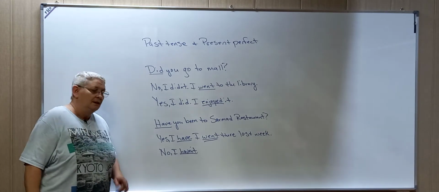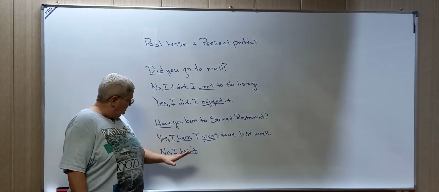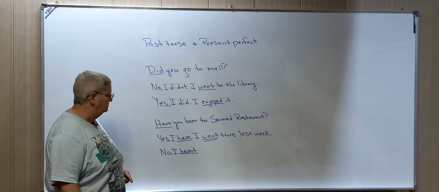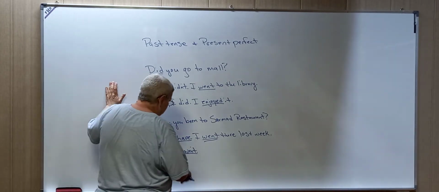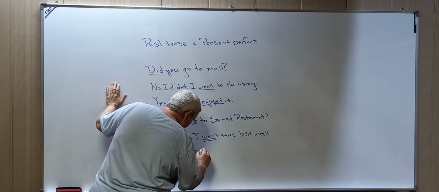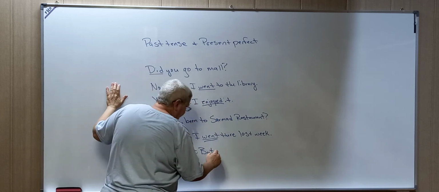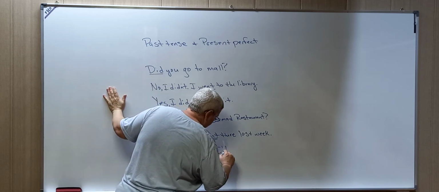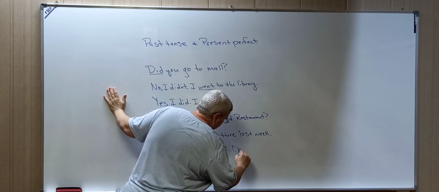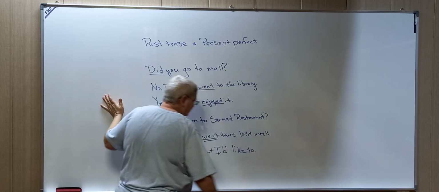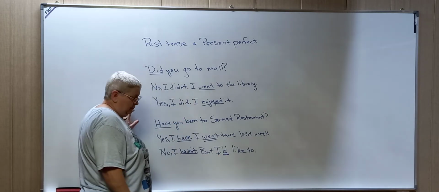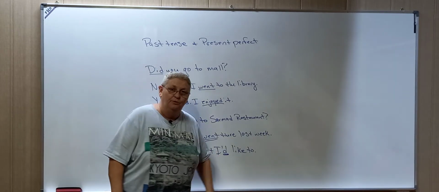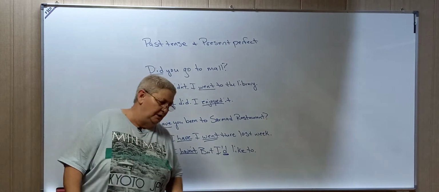Okay? Now, for instance, if you say, no, I haven't, and you want to put more information, now you could say, no, I haven't, but I'd like to. Now, this is your simple past, because this is the contraction for I would. Okay?